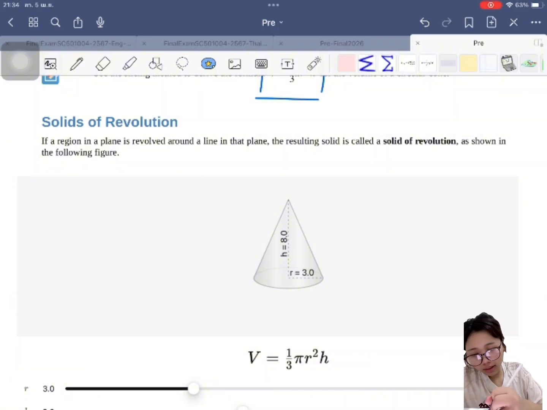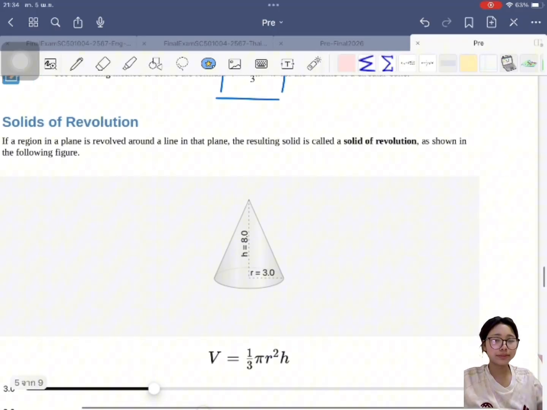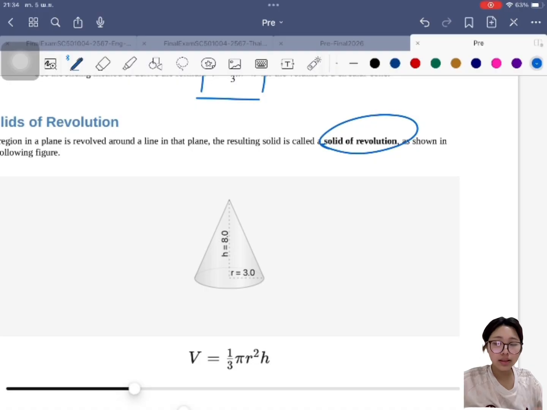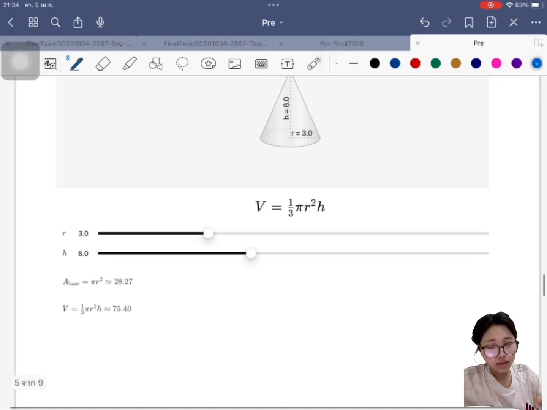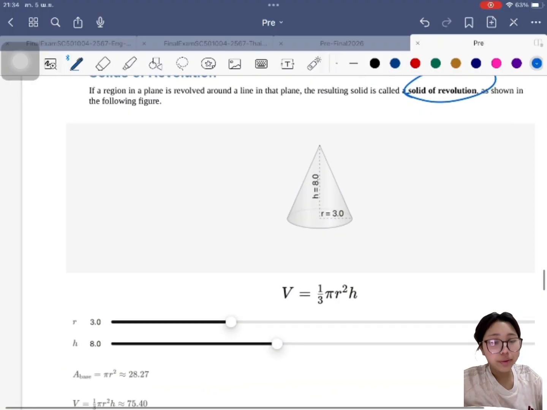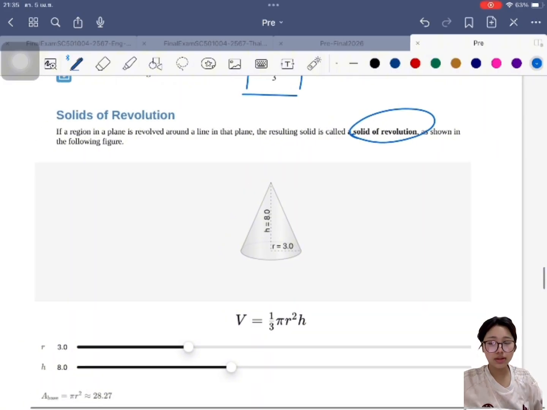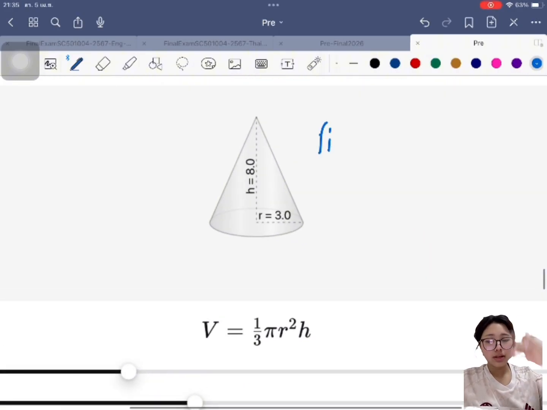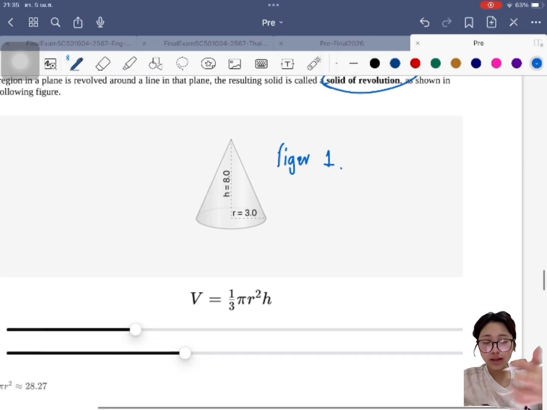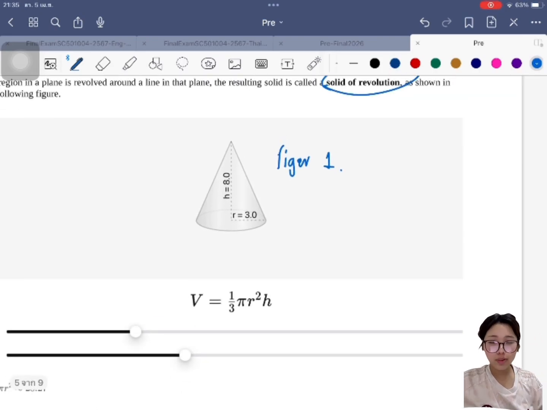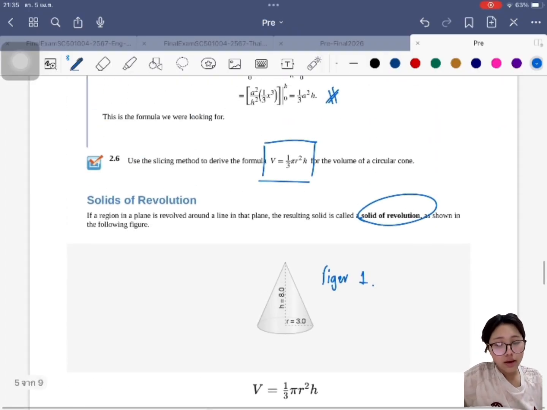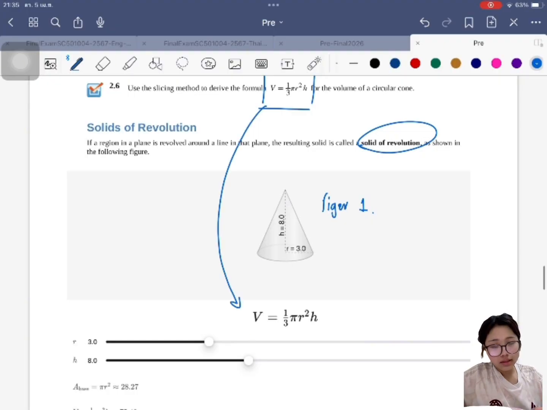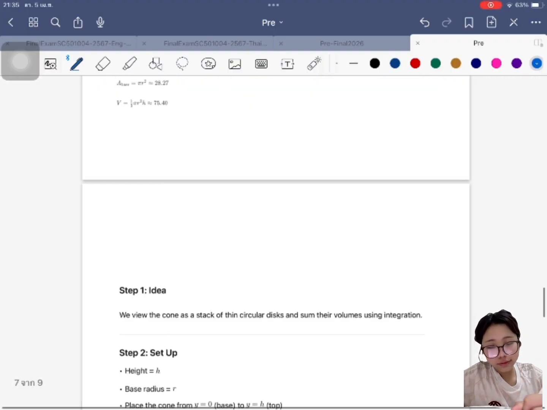Then we get the integral from 0 to h, and we get pi r squared multiplied by h over 3, and this final formula is like this. So it's equal to this formula.